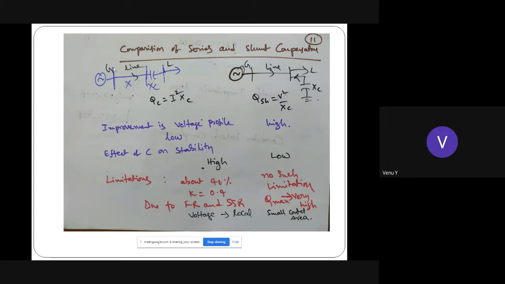Whereas the shunt compensator, when you connect it in an interconnected power system, is placed at the load of the radial line. Now, let us have an interconnected power system.